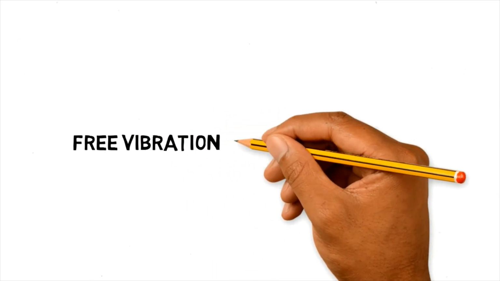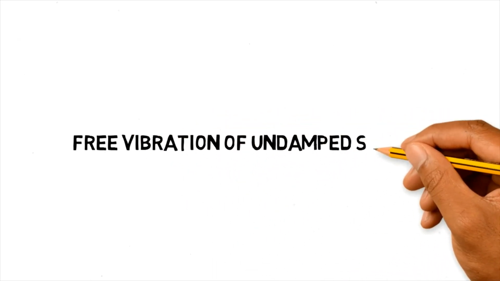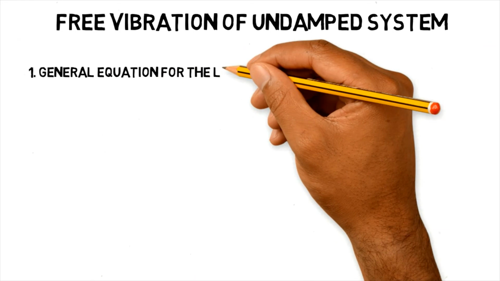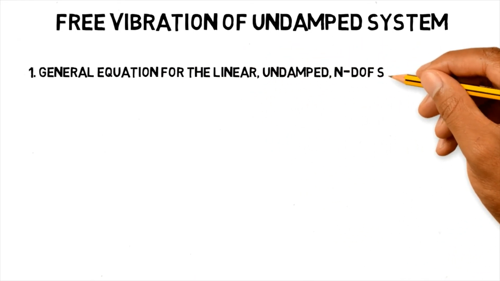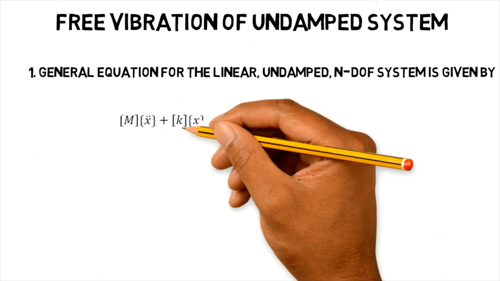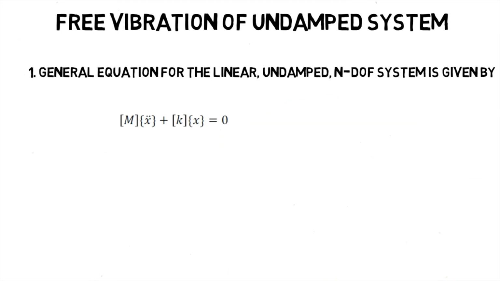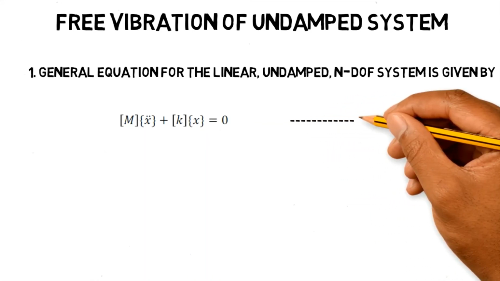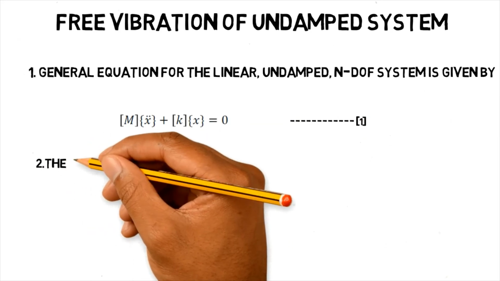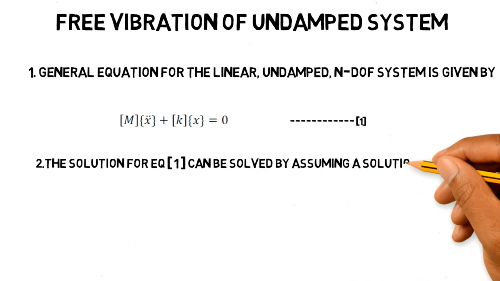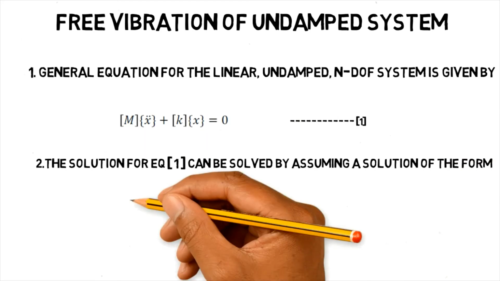Move on to the last subtopic for this chapter. The general equation for linear undamped MDOF system is m x double dot plus kx equals to 0. The solution for previous equation can be solved by the assumption shown below.